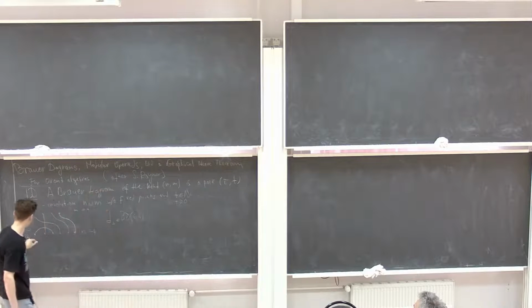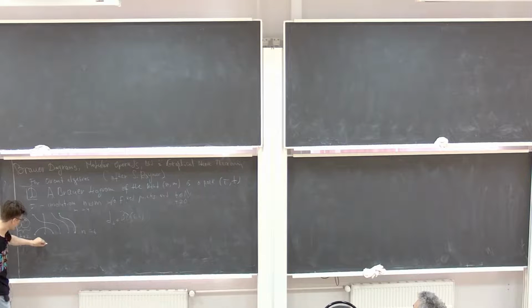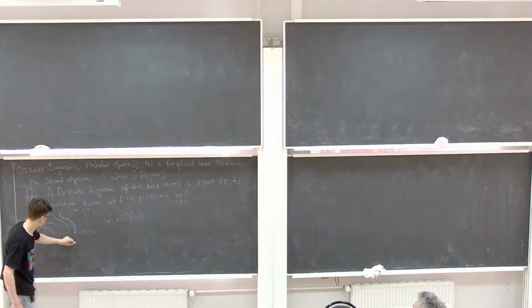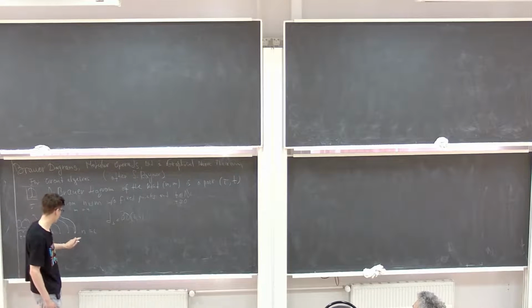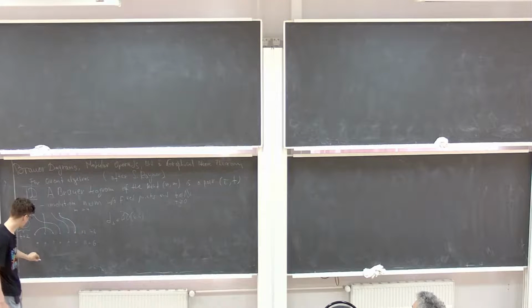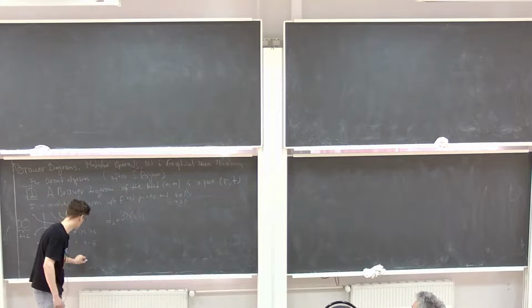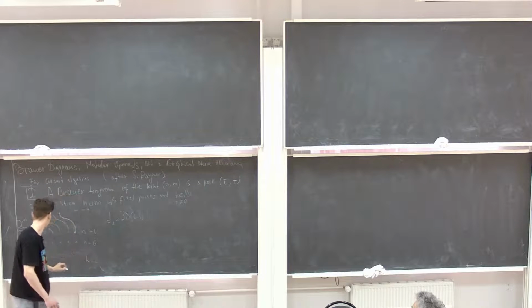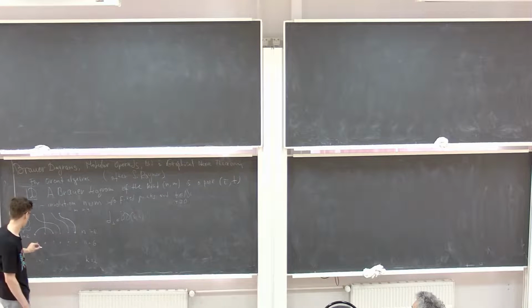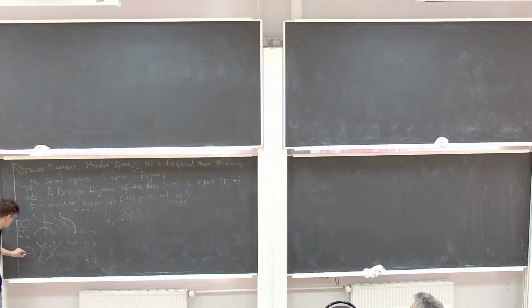Let me draw another diagram for which the upper row has exactly n points, and the bottom row has some other number of points, 2 for example. And consider some Brauer diagram, like this one, and for example with one circle.